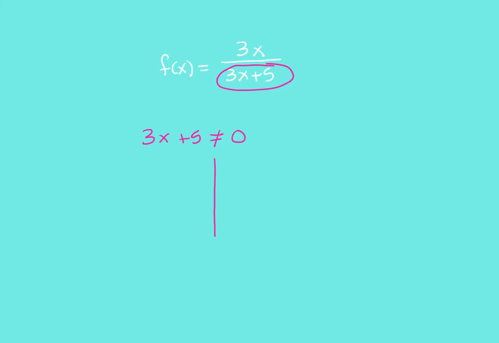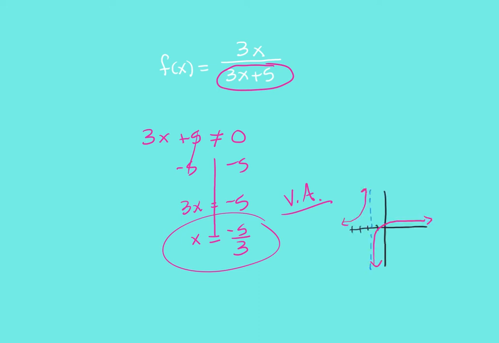So if we just solve for x, x at negative 5/3, this would be a vertical asymptote. And to give you that quick visual, this graph, and here is your vertical asymptote at negative 5/3.